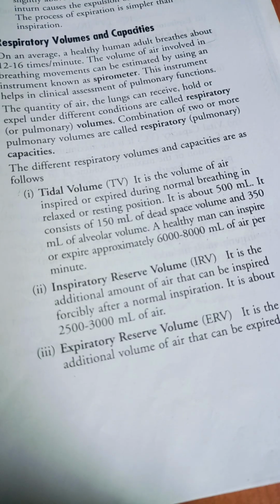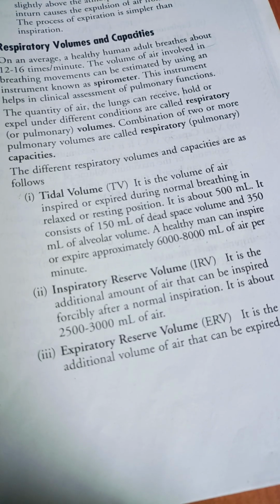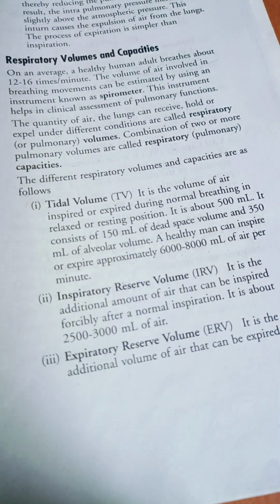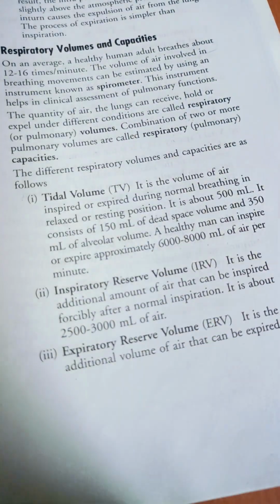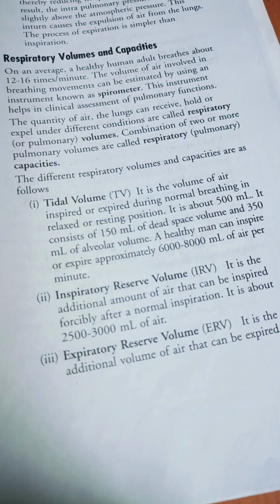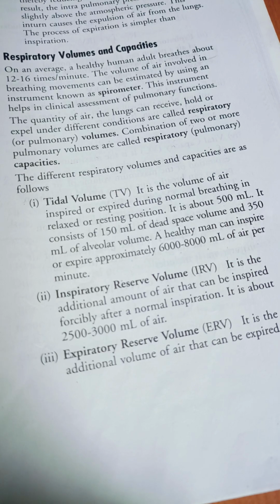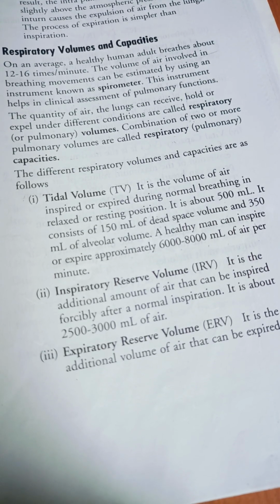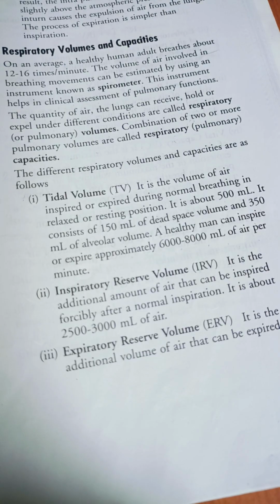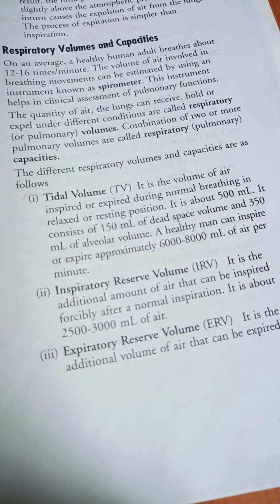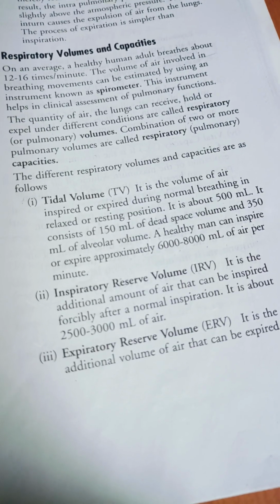That more inspiration amount is inspiratory reserve volume. That means the lungs have the capacity to take more, but are taking only tidal volume. That extra inspiratory reserve volume the lungs can sustain is 2500 to 3000 ml of air, more than tidal volume.